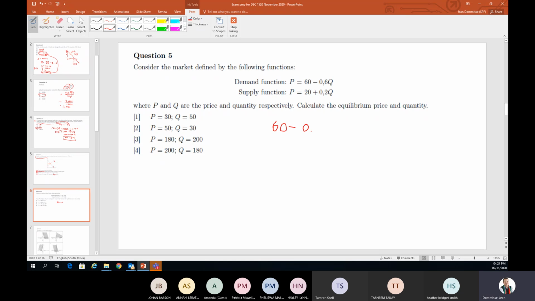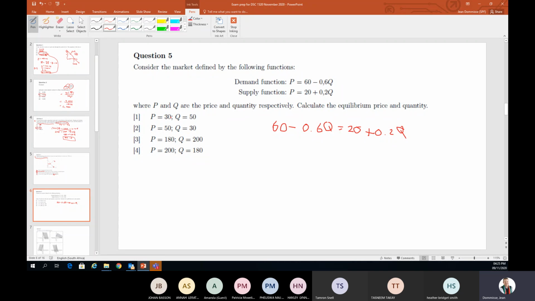So 60 minus 0.6 Q will be equal to 20 plus 0.2 Q. Okay, so before we even go into there, I normally like to check. Okay, this is quite interesting. So there's 200, 200, 180, 180, 50, 50, 50, 50.